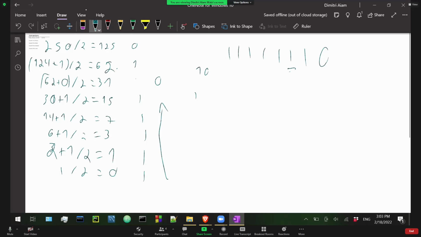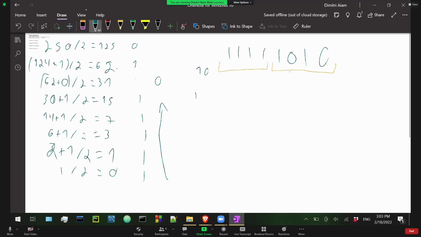And then you write from bottom up, so this becomes 1, 0, 1, 0. And now we group these numbers into groups of 4 since we're doing hexadecimal.